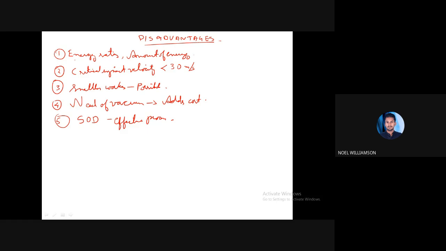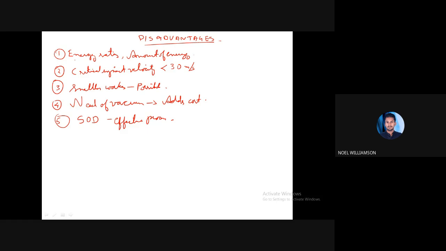So the main characteristics are almost the same as those for explosive forming. The only difference is that in explosive forming, we use certain chemicals or explosives. Here in this case, we are using sparks. Electrical sparks are used here.